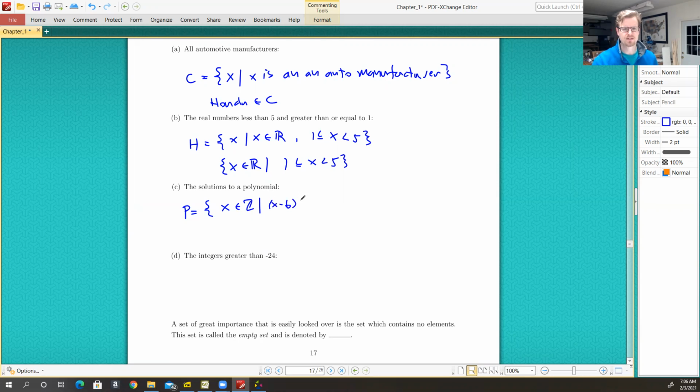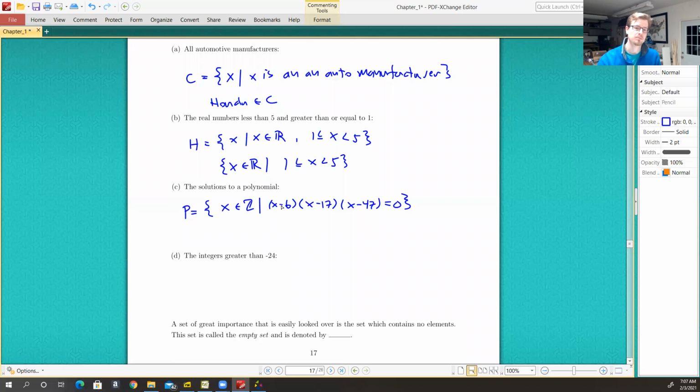X minus 6 times X minus 17 times X minus 47 is equal to 0. So I gave it in its factored form, so it's easy to see the solutions. So this is just saying it's the set of integers as long as it satisfies this equation, such that this equation is equal to 0.